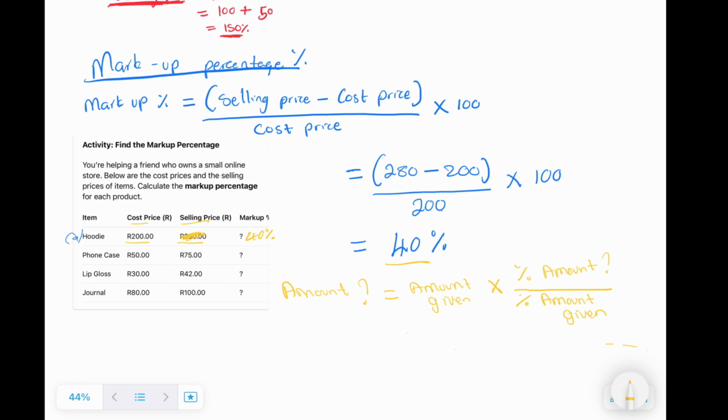Okay, so now remember we are looking for the selling price. We are looking for this selling price.